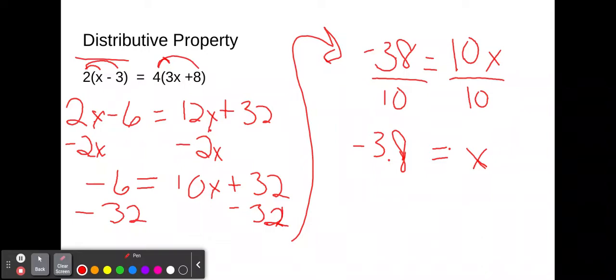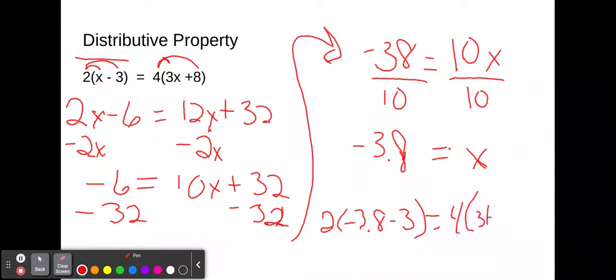This is a little bit harder to check because of the decimal and because of the solution. But if we put that negative 3.8 back into x in both places, it equals 4 times 3 times the negative 3.8, and then plus the 8.